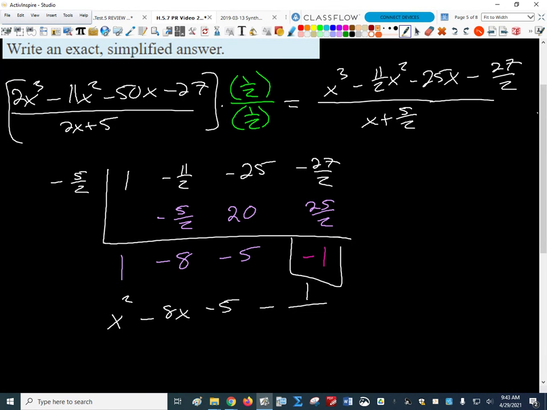We agree? Because this is the quotient we were using for our synthetic division, right? Over -1 over x plus 5/2.